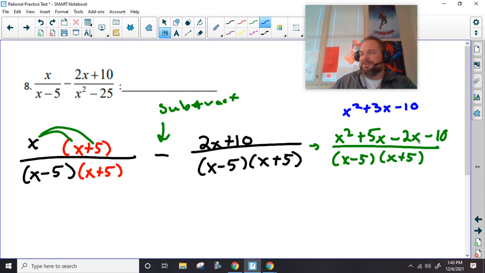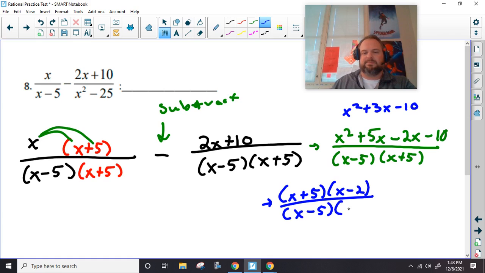But this is very close to its factoring right here. So I'm just going to go straight to that point because why draw this out any longer than we have to? And then those cancel. I'm left with this.